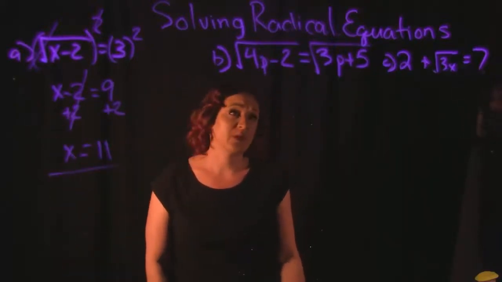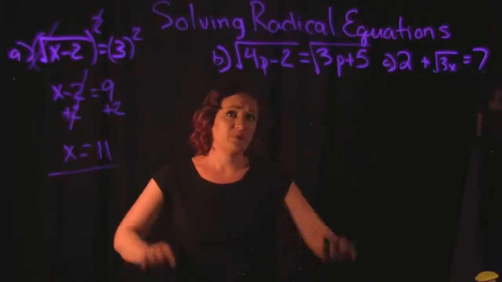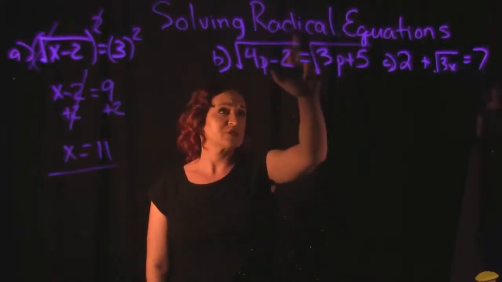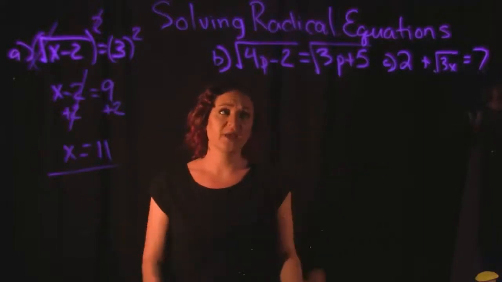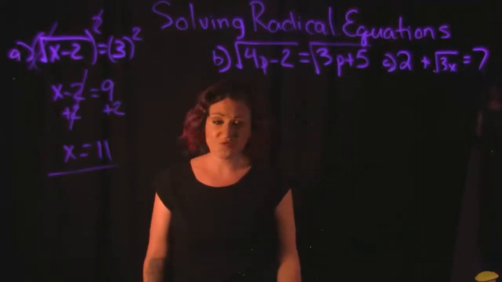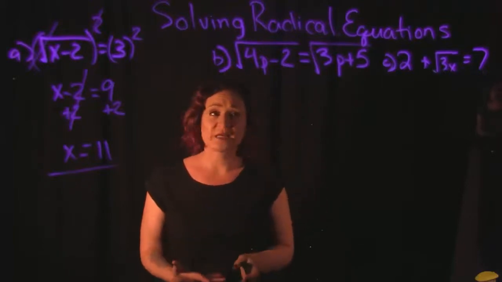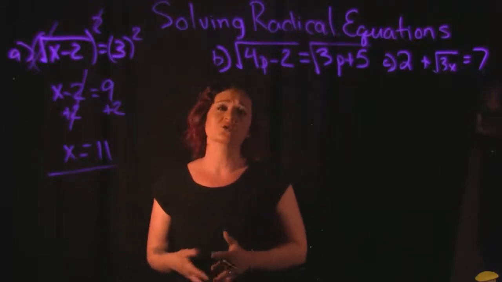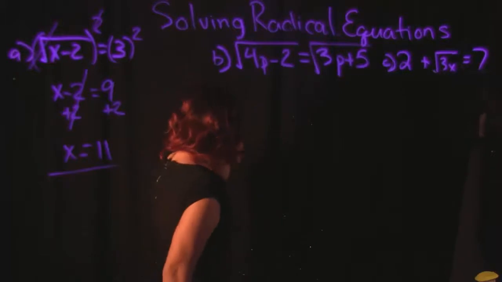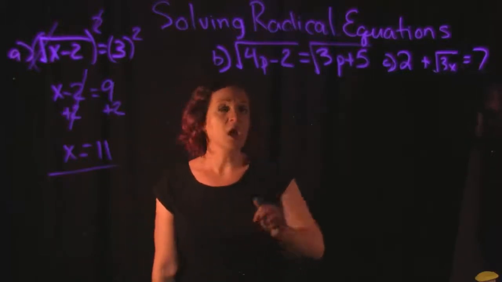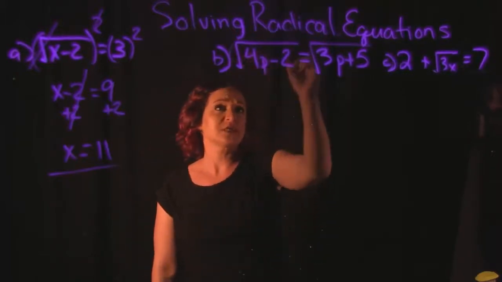Moving on to example B. Here I do see that we have a square root on either side of the equal sign, which is fine. We're still going to approach this the same way. Our square root is by itself, so that's okay. We can go straight to solving. The opposite of a square root is a square.